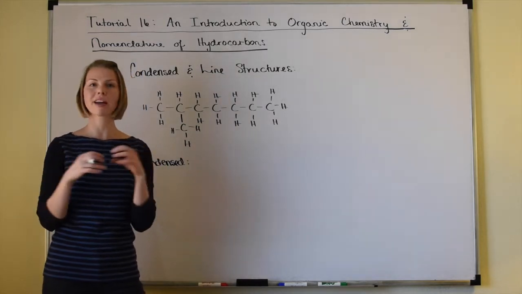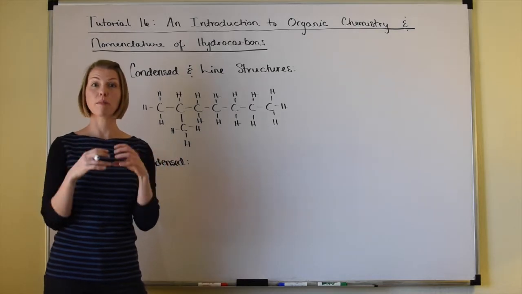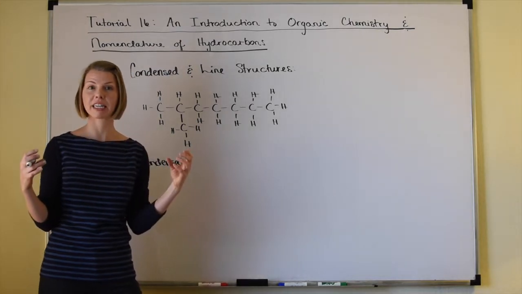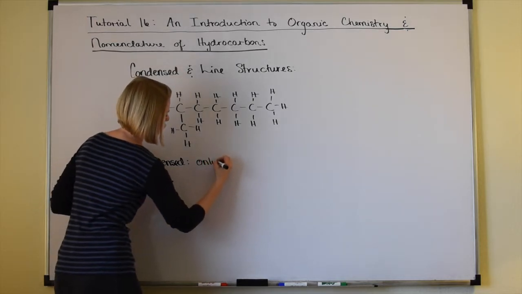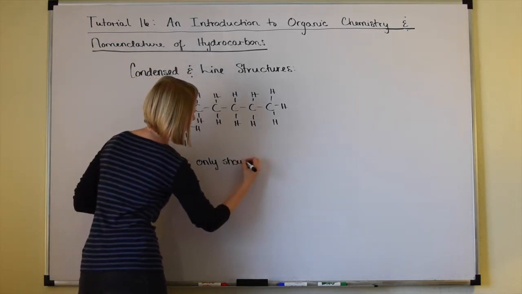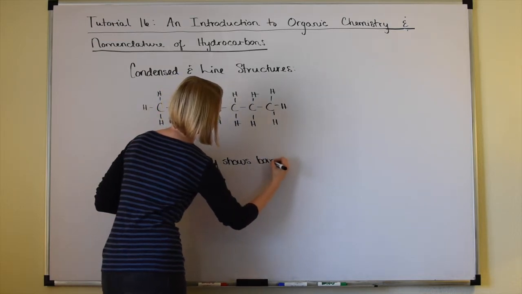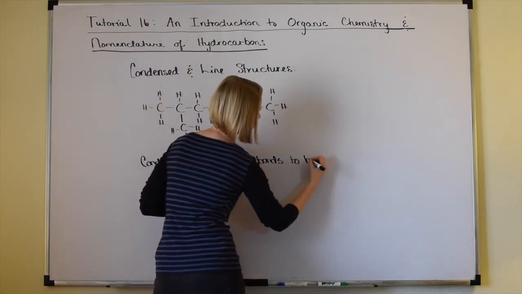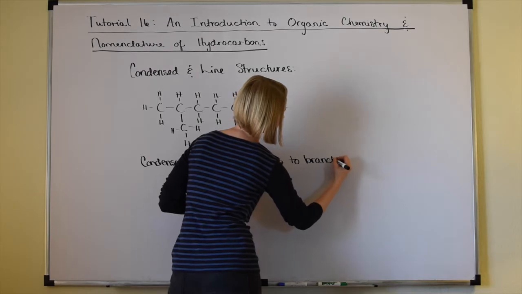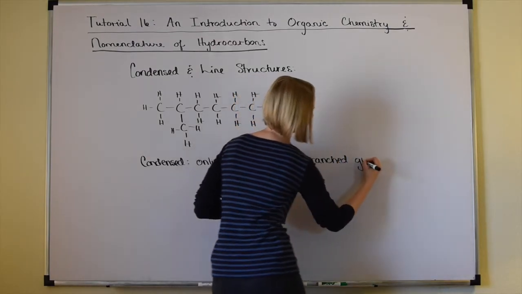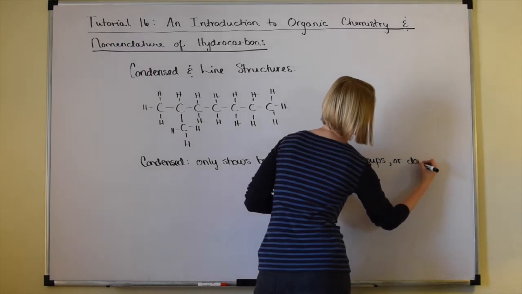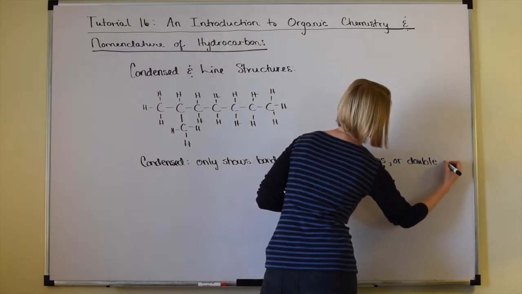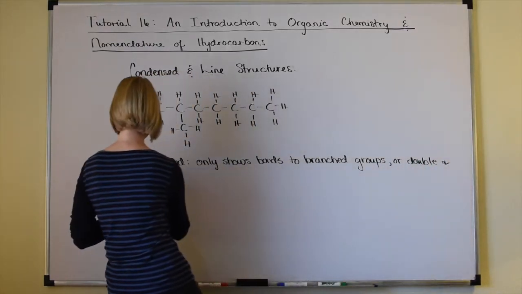So it's not going to show any of the bonds in your main chain or your parent chain. So I'm going to write here, only shows bonds to branched groups or double and triple bonds.